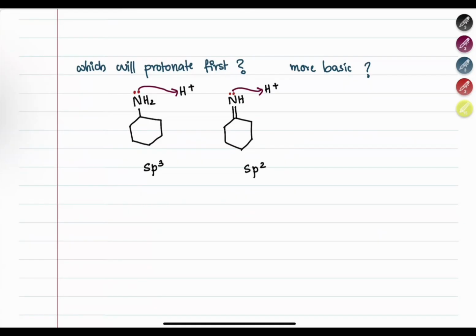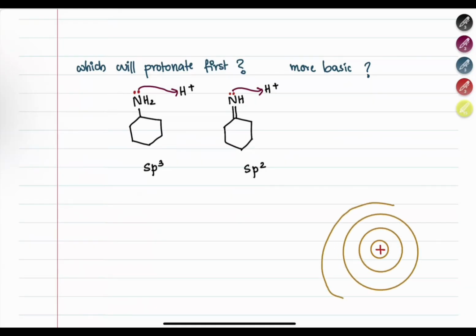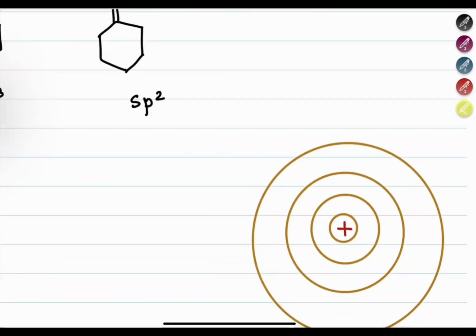So we know in any atom there will be a nucleus which is positively charged, and then comes the s orbital, then the p orbital, then the d orbital, right? So we'll denote the first orbital as S, then comes P, then comes D orbital. Suppose there is an electron in the S orbital, an electron in the P orbital, and an electron in the D orbital. We know the S electrons are closer to the nucleus.